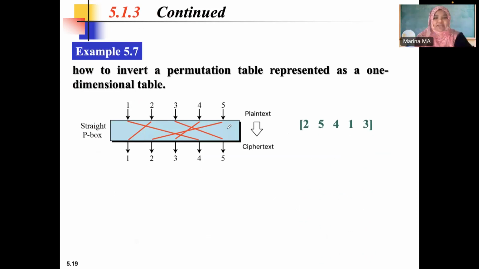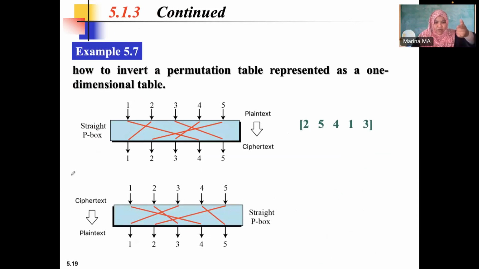Before that, please learn how to produce the table from the map, and then you just flip the map. Now, whatever is ciphertext, note 1, 2, 3, 4, 5, you flip, and it becomes plain text.